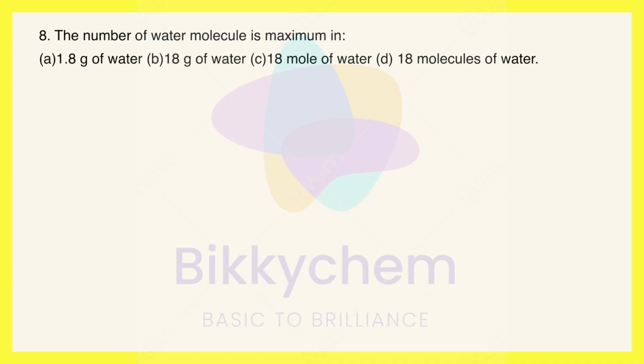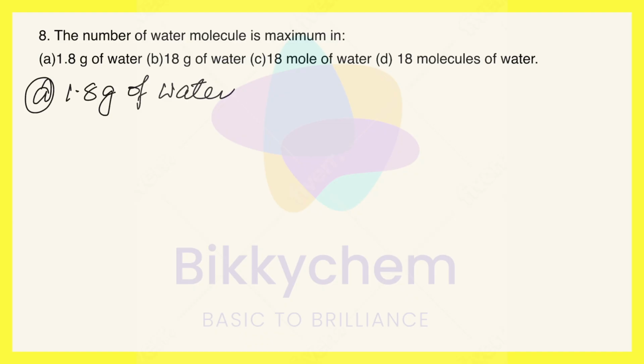Okay, dear students, let us see this question. We need to find out the maximum number of water molecules in the given options. Let's take A, 1.8 gram of water.